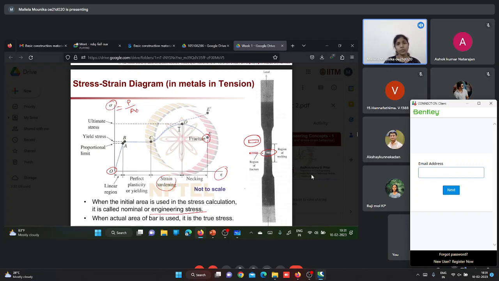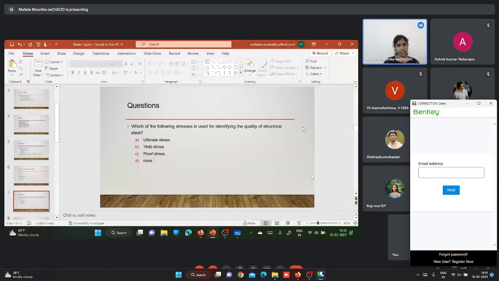If you have to look into the quality of the structural steel, we can see the ultimate stress which the steel will be able to take. Stress is calculated in Newton per unit area, because it is the ratio between the applied load and the cross-sectional area.